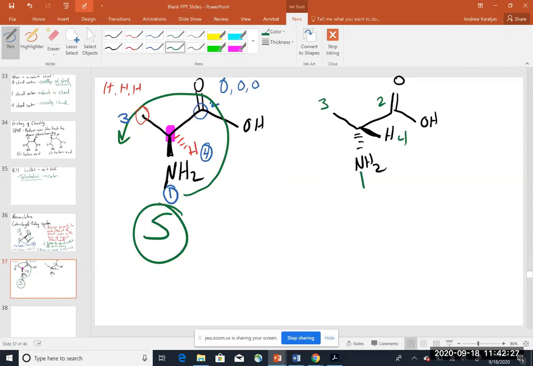So what do we do to fix that? Well, this is when you would look at your model and you would rotate your molecule so that the hydrogen's pointing now away from you.